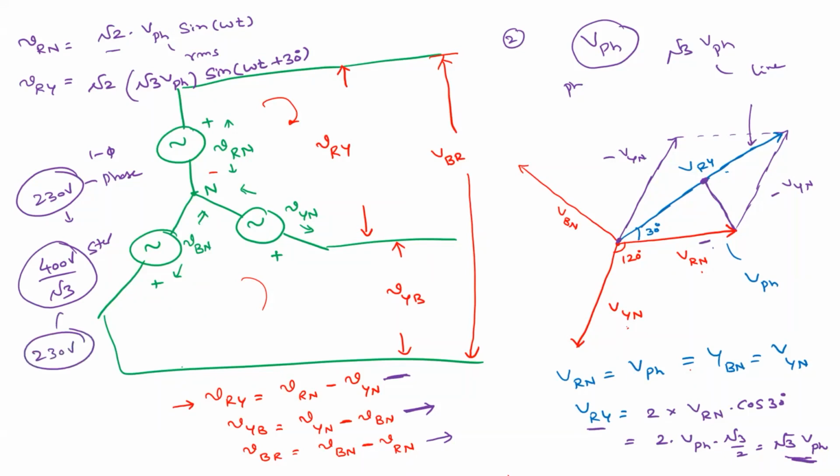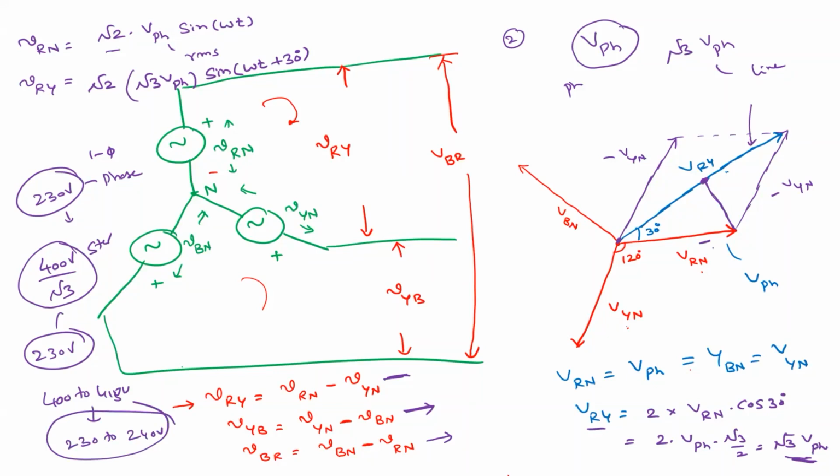Our 3-phase supply usually varies from 400 to 415 volts, star connected. So the single phase supply varies from 230 volts to 240 volts roughly. Is that clear?